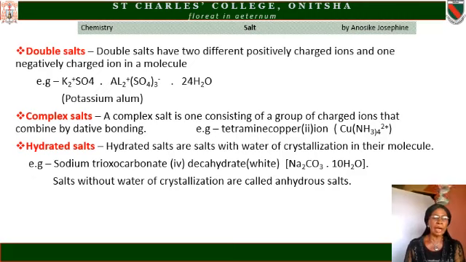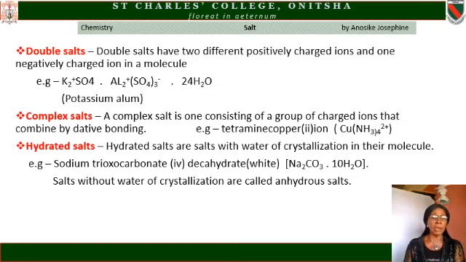Like in potassium alum, you have potassium, which is the metal positive, aluminum, which is the metal positive. But the negative charge is SO4. So it depicts that two salts, potassium tetraoxosulfate 6 and aluminum salt, combined chemically to form the double salt, potassium alum.